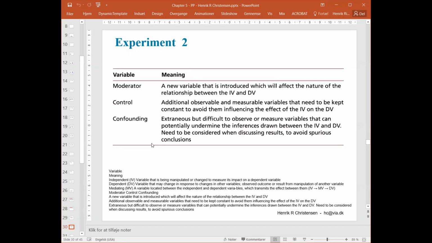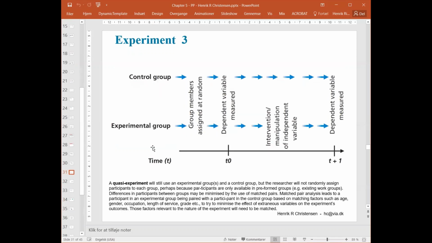So we have moderators and we have control variables and confounding variables. You can just go in and check up on it, but I would rather that we try to take a closer look at how do we design this. Because when we are designing an experiment, and that's the right word, we need to design an experiment.